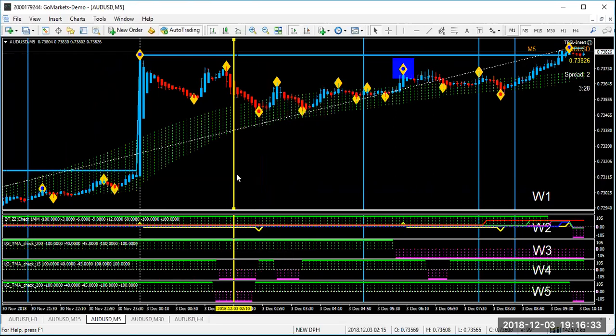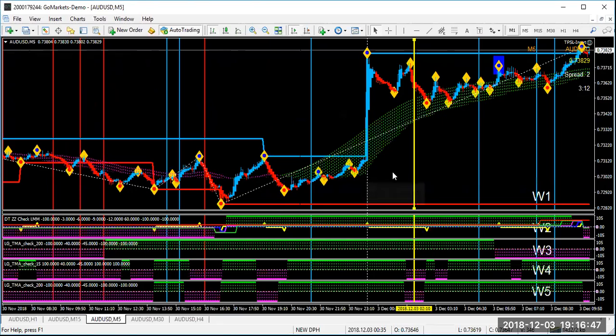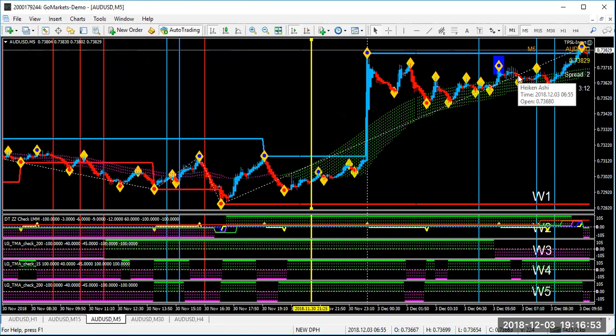Okay, so when you get these diamonds that allow you to enter, or give you a clue where to re-enter, remember, once again, you got confirmed way back here, the price wanted to keep going up.